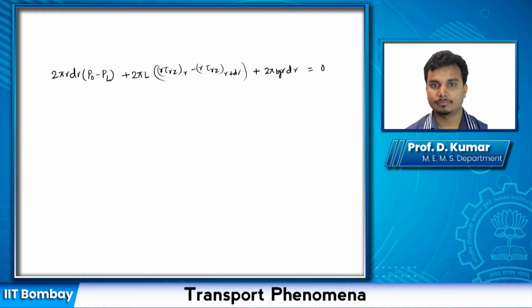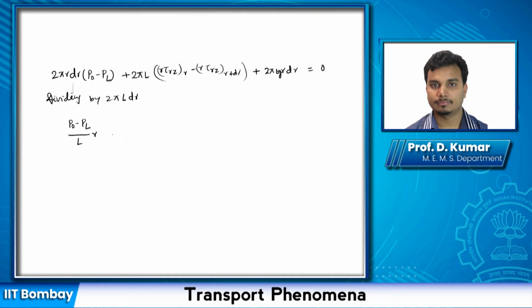Okay. So now if we divide this whole thing by 2 pi L and dr, then this will become P naught minus PL. 2 pi r dr over 2 pi, dr is gone, so this will be divided by L. Of course, there will be a term called r here.